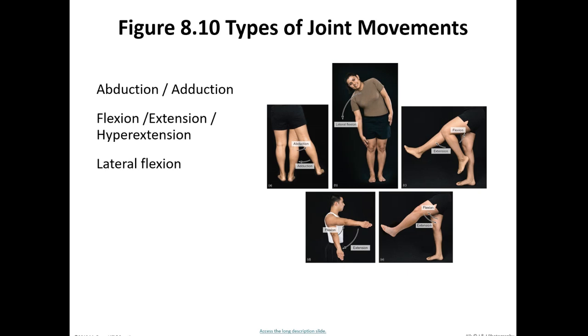If you look at the image on the screen, A is showing that when you move your leg away from the middle to the side, that's abduction, which means away. When you bring it back to the middle, that's adduction, toward. So adduction means toward the middle. Abduction, like to take away, means away from the middle.